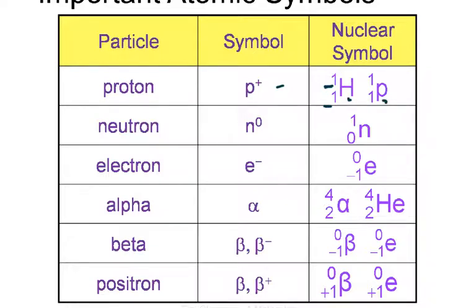A neutron doesn't have a charge, so there's the 0 there and a mass of 1. An electron doesn't have any mass, or has negligible mass, and a charge of -1. An alpha particle has a mass of 4 and a charge of 2. You can either use alpha or helium. A beta particle is like an electron, and then a positron is like a positively charged electron.